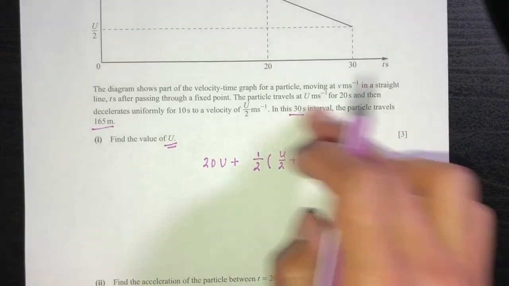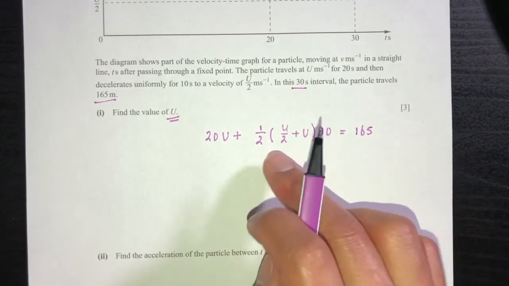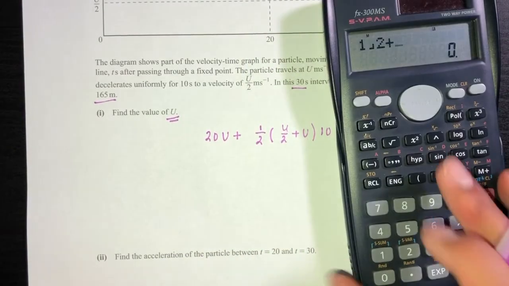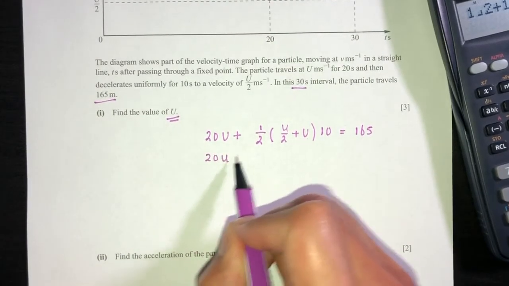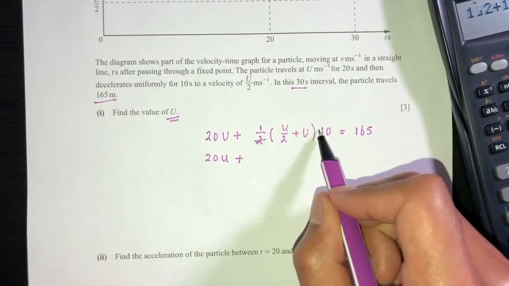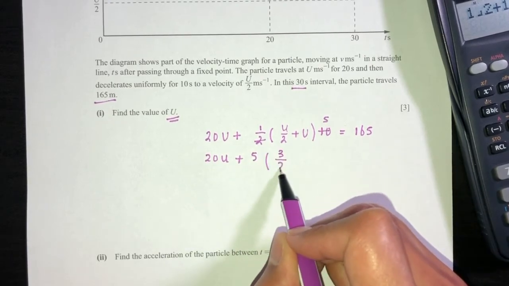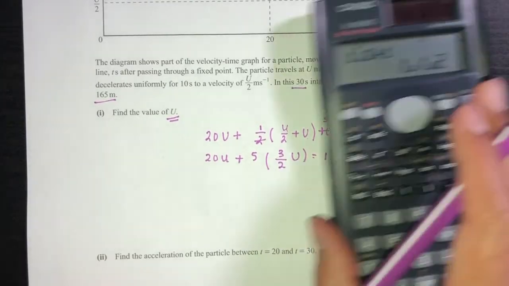So now we have this equation. We have to solve for the value of u. So let's simplify. What is this one? That is half plus 1. So we have 20u. So 2, that will be 5. So 5, that will be 3 over 2 u equal to 15.